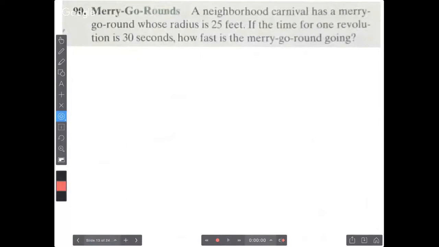So the next one that's not just graphing a sine graph is merry-go-rounds. Number 90. A neighborhood carnival has a merry-go-round whose radius is 25 feet. If the time for one revolution is 30 seconds, how fast is the merry-go-round going?